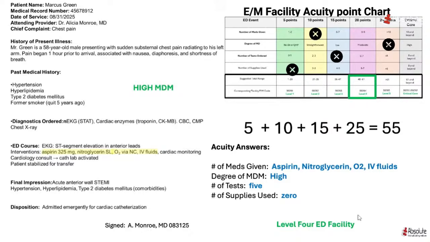Even though we think that, hey, this patient had an acute myocardial infarction and everything should be high, high, high, in reality, this documentation said, hey, we didn't really do too much with this patient. We pretty much stabilized the patient and sent them to cardiac cath. All right, you all with me?